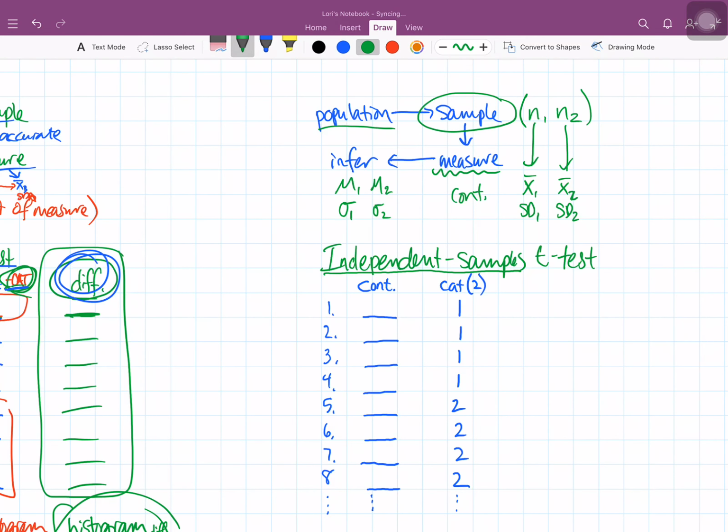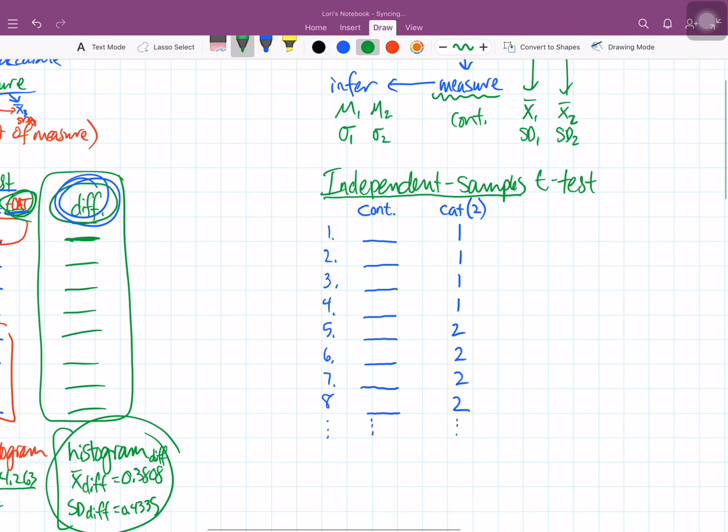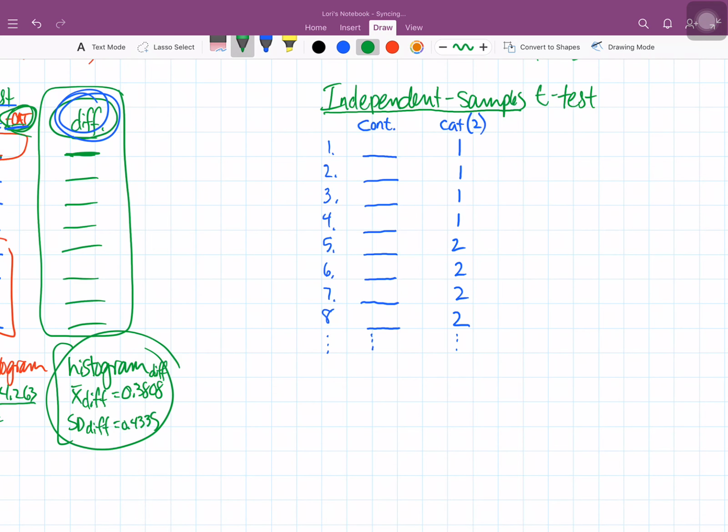So let's take a look at what that looks like for the data entry part. Remember, here's our golden rule of data entry: each row represents a person. So that represents a person, this represents a person, and so on. This person has a specific continuous measurement, so here's whatever number represents that for person number 1.